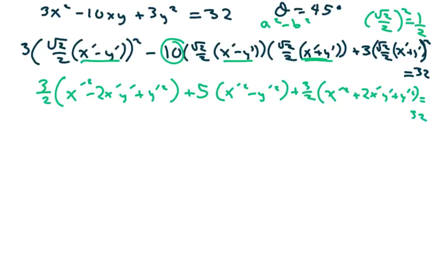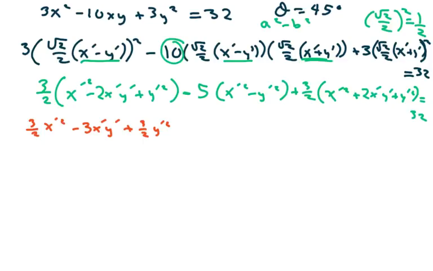Now I'm going to multiply everything through. So we're going to get 3/2 x prime squared minus 3x prime y prime plus 3/2 y prime squared. Is this supposed to be plus or minus? Oh, this is a minus. Sorry about that.